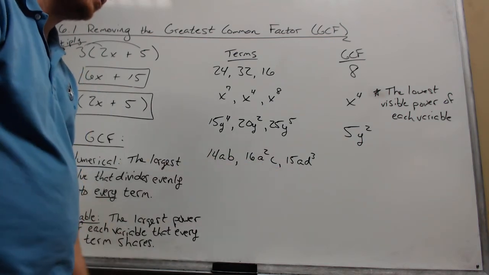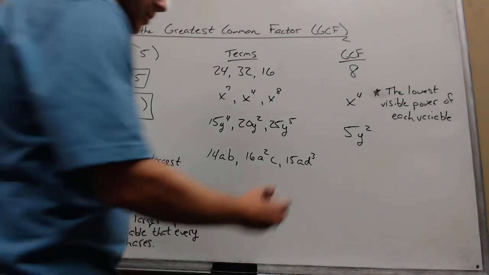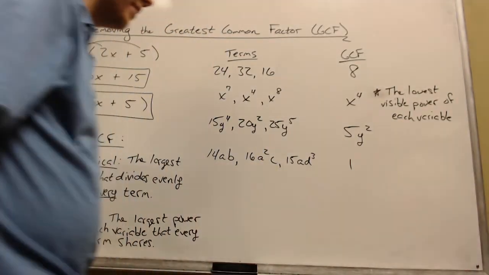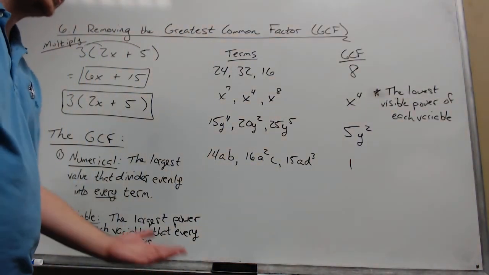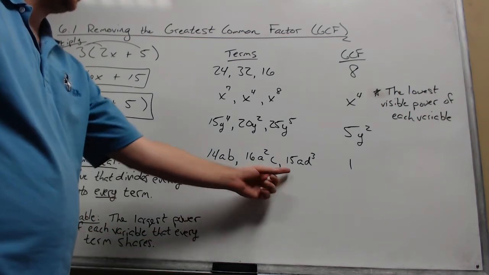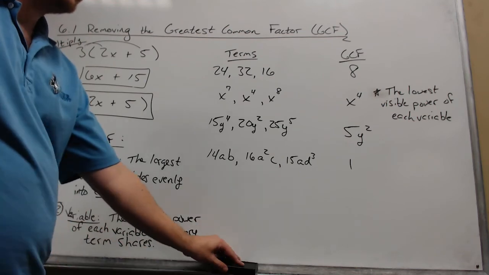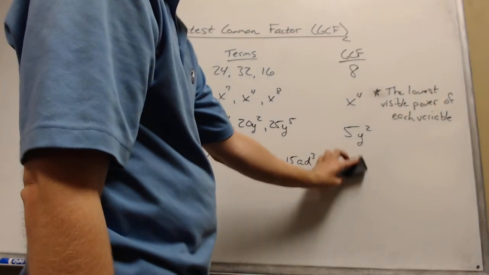There's no good number that works. If you boil it down, yes, there is a number that works, and that number is 1. Worst case scenario, you can always say that 1 is a factor, but we say that's a trivial factor, because if I divide all of these by 1, it's not going to change them at all. If there's nothing in common numerically, you don't have to write anything.